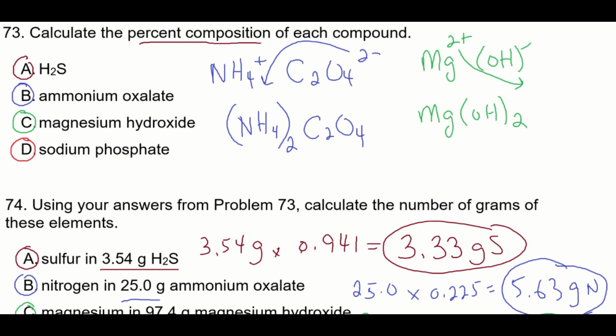Finally, sodium phosphate. Sodium forms a 1 positive cation, and phosphate is the PO4 3 negative anion. So crisscross these to get the ratio. We're going to have 3 sodiums for every phosphate.